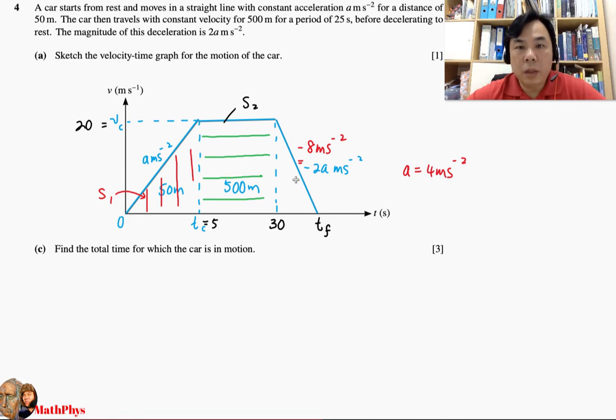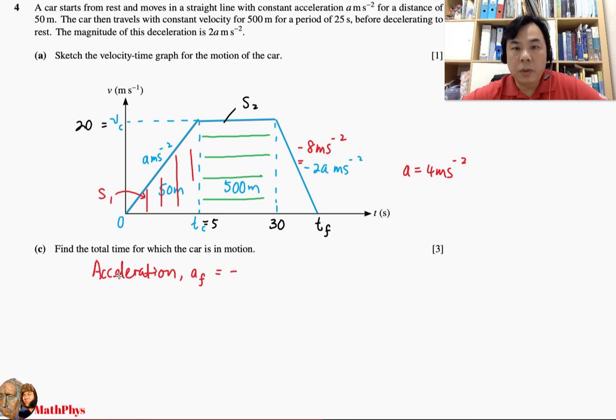Now we know that the deceleration is negative 8. So for the last section, I'm going to write down deceleration. Since I'm using deceleration, it should be 8 meter per second square. So I should be using acceleration instead, sorry.